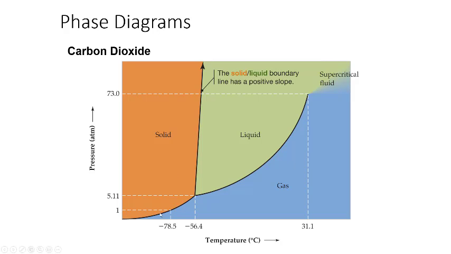For carbon dioxide, you can see that we go straight from solid to gas at our normal conditions. So if you have dry ice, it goes straight from the solid to the gas phase. It goes through sublimation at our normal temperature.